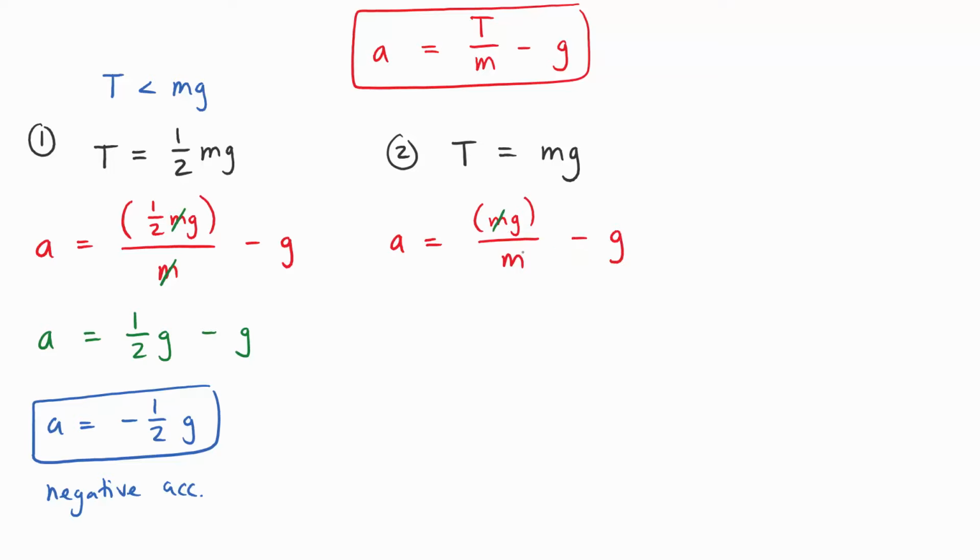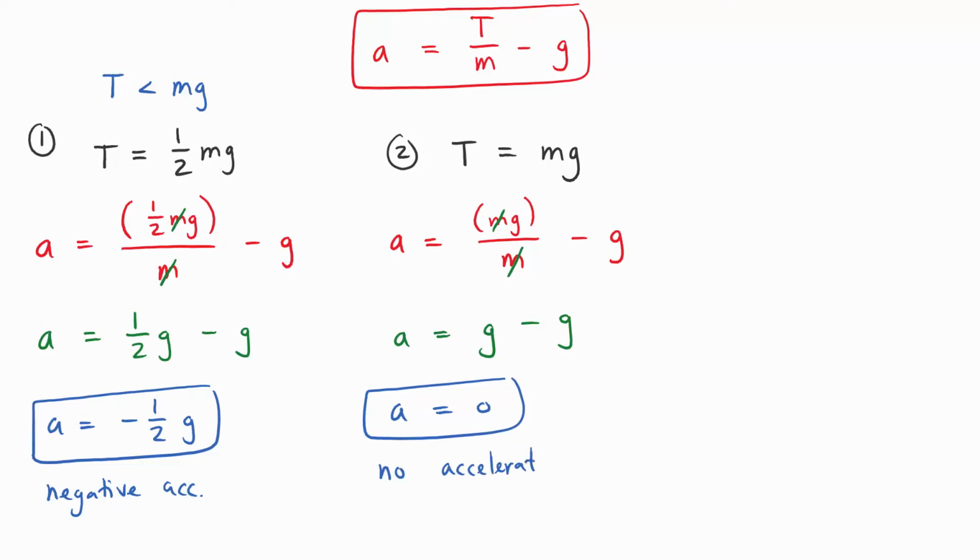Here the masses will again cancel, leaving us with a equals g minus g. Well, g minus g, that's 0. So we get exactly what we predicted, that there would be no acceleration. This is also called equilibrium, where you have a balance of forces, no acceleration occurs.